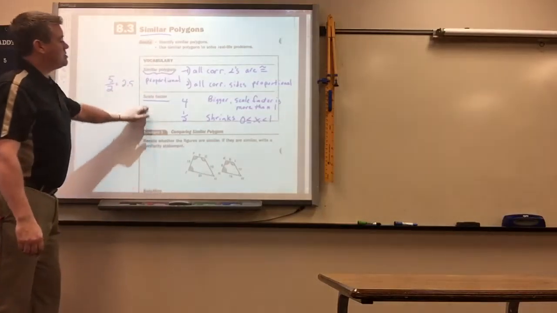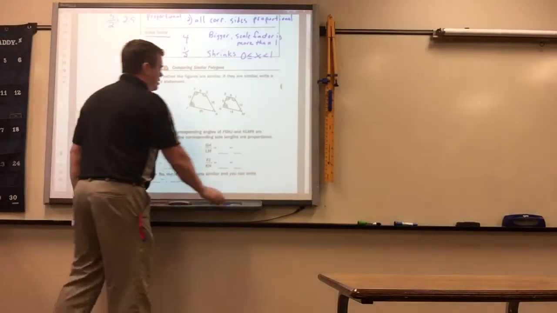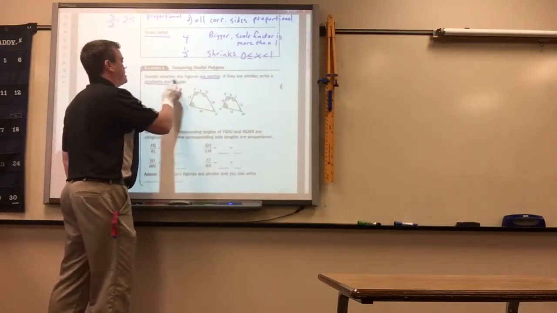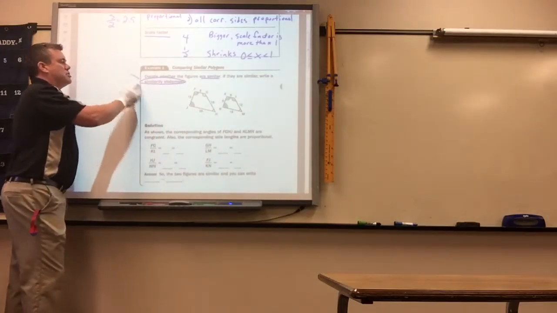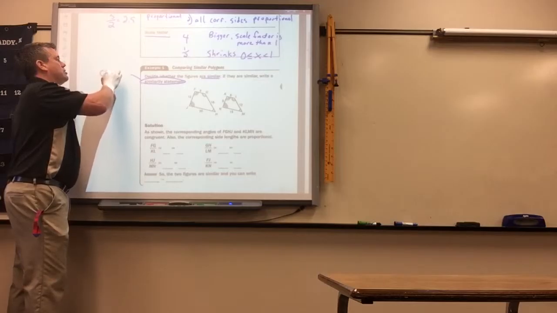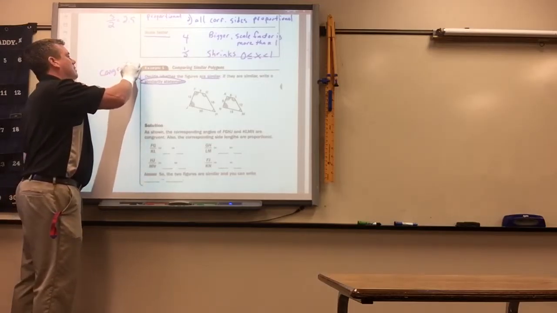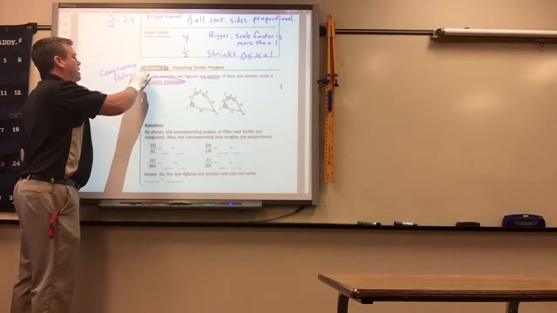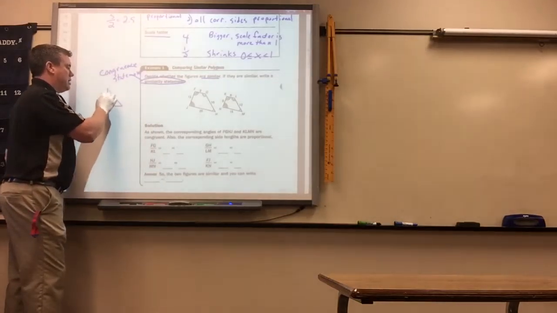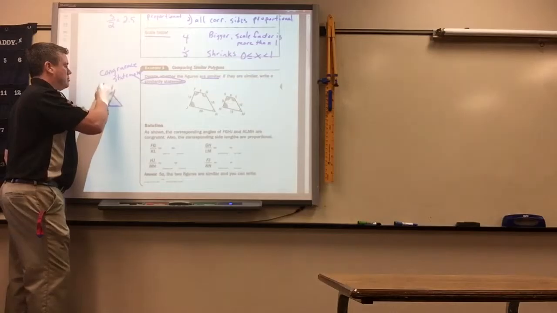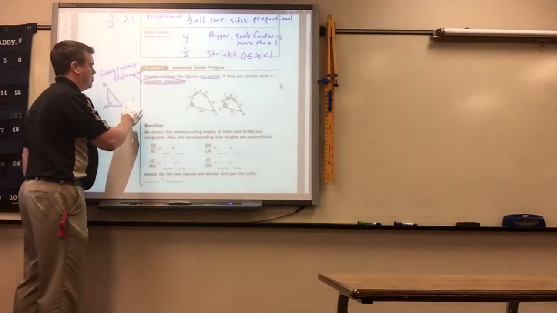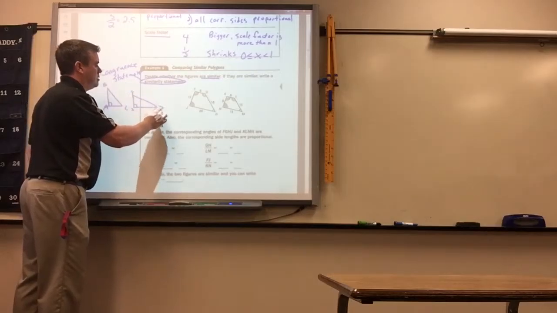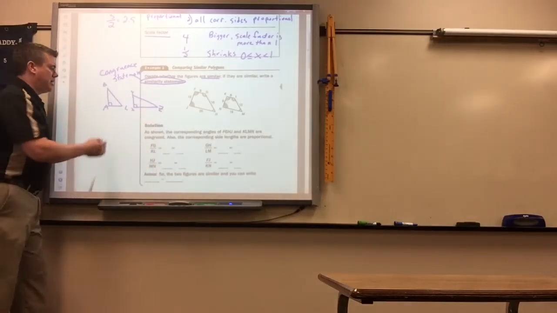So a lot of these today is you're just going to say whether or not they're similar. And if they are, you got to write a similarity statement. These are just like when we wrote congruence statements. If you remember when we had the triangles, if they were congruent to each other, you had to write the congruent statement.